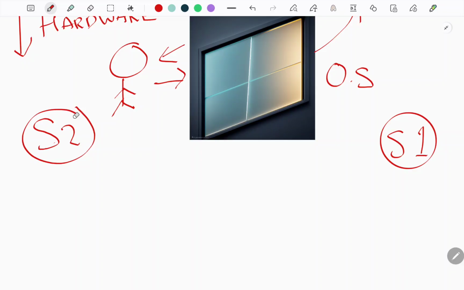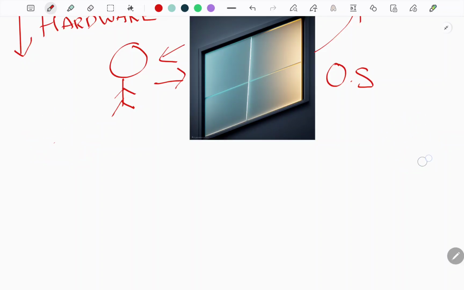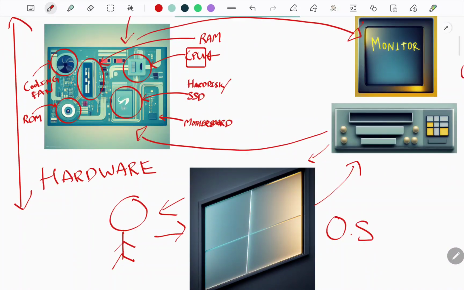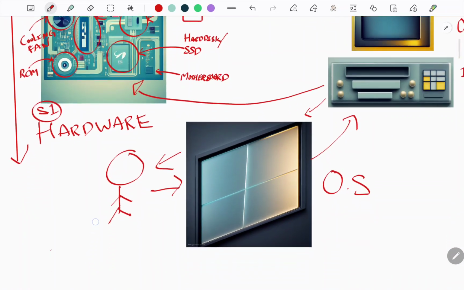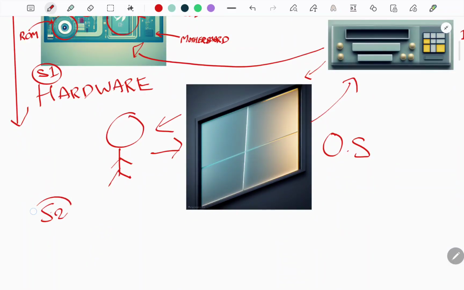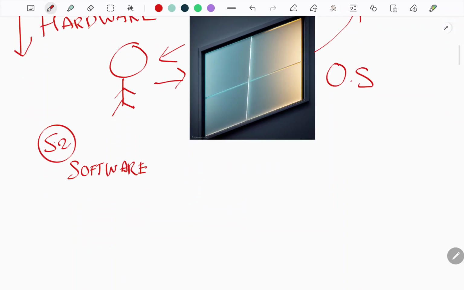Let me just put this one over here to here, the section 1, and the section 2 we actually talk about the software. I hope this makes sense to you in terms of the flow that we are moving through in this subject.